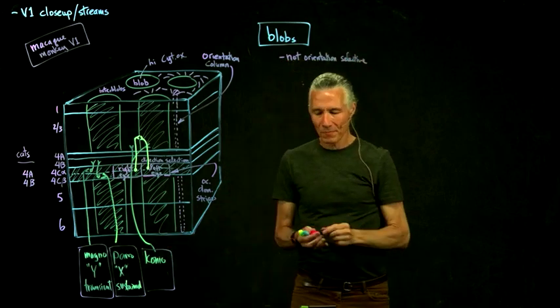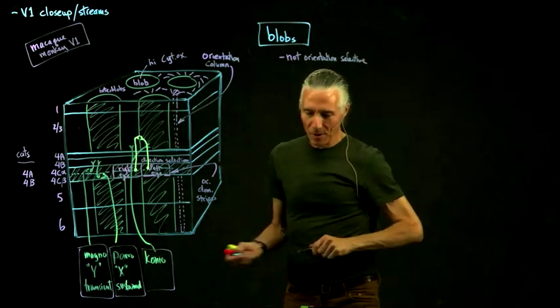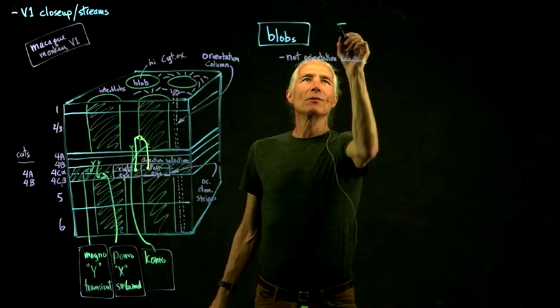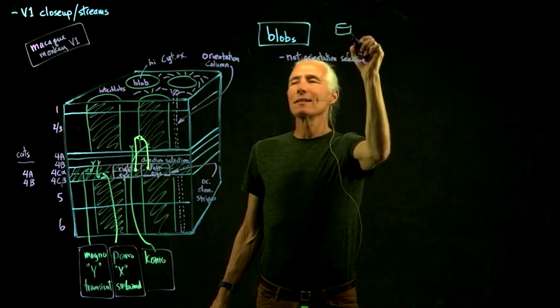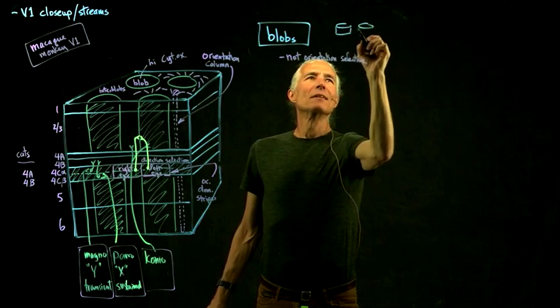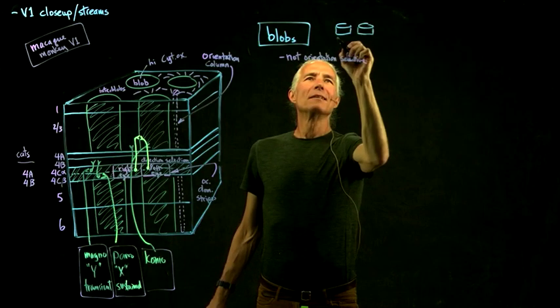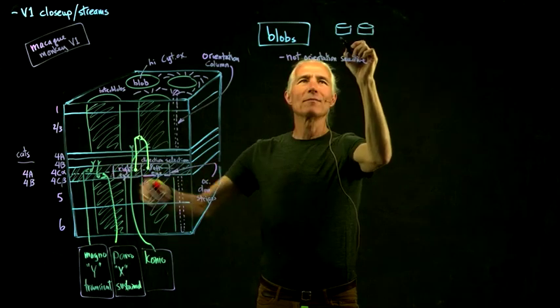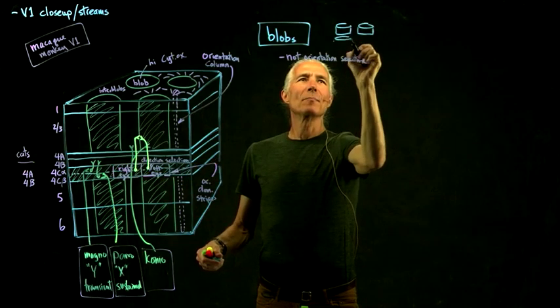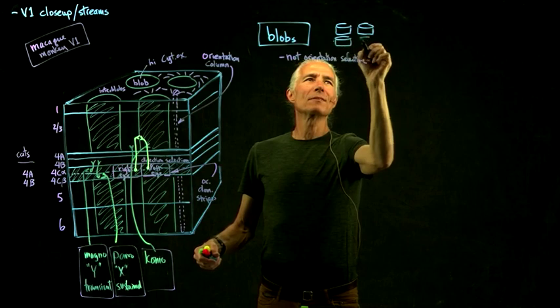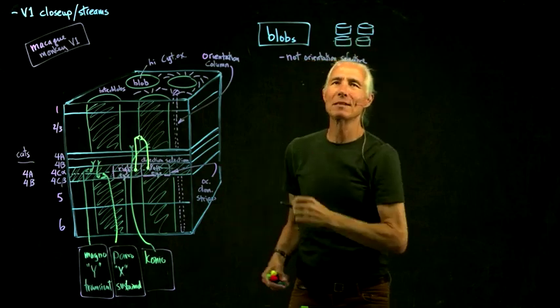So what are the blobs? Well, they're just the donut holes. So here's the donut hole in layer 2, 3, and then there's a gap through layer 4, and then here's the bottom part of the donut hole in layer 5, 6. So it's just the donut holes.